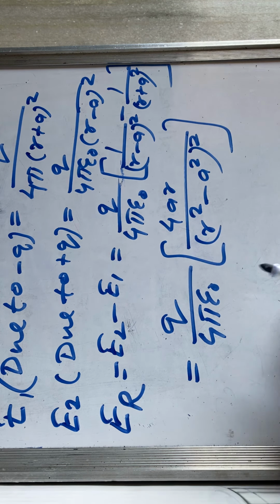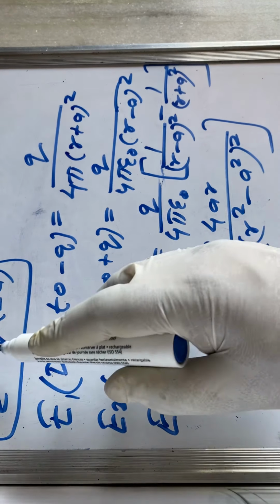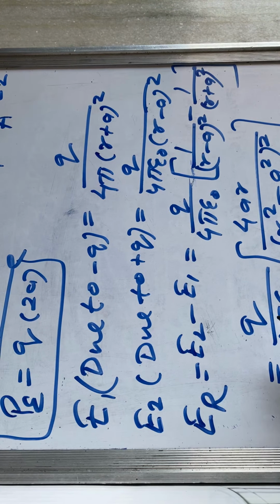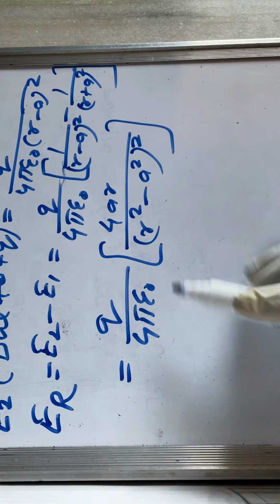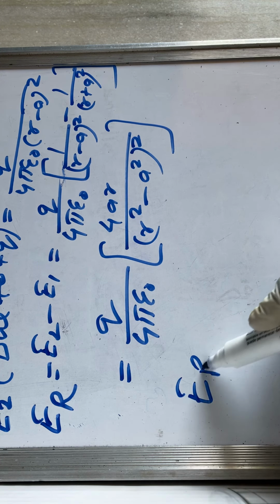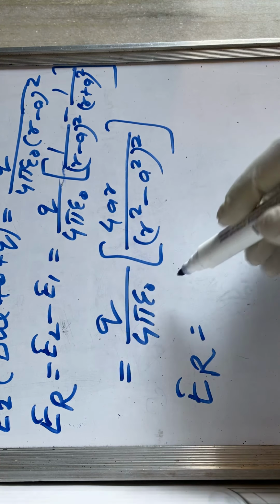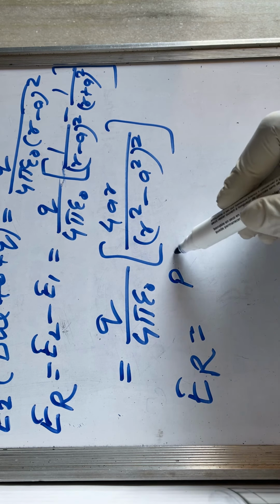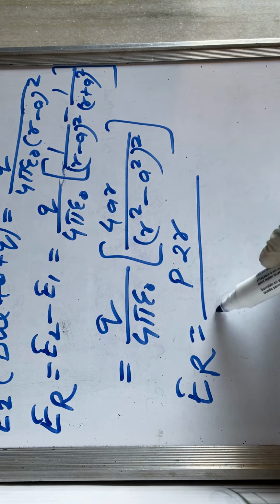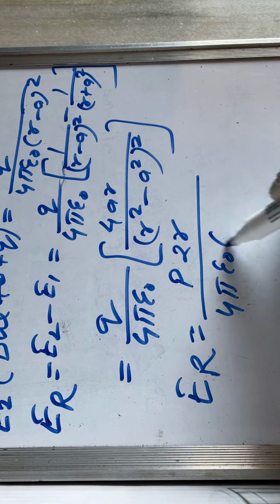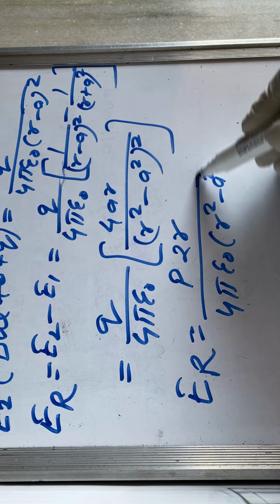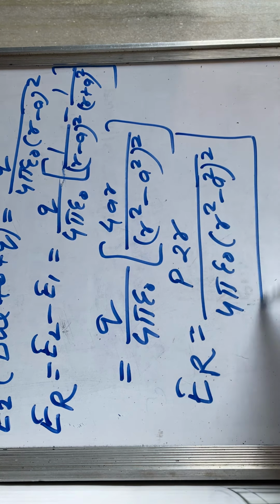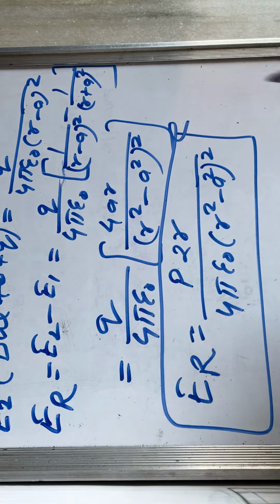Since we know q into 2a is p, the resultant electric field will be p into 2r over 4 pi epsilon naught (r square minus a square) whole square. That's the resultant electric field at the axial position of the dipole.